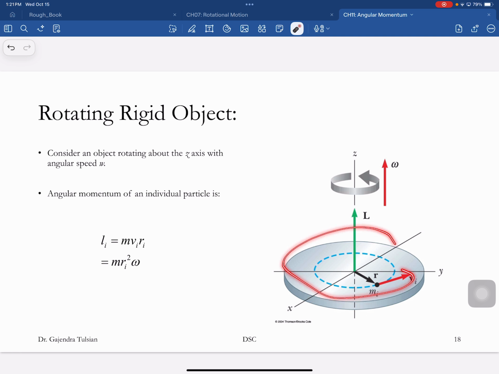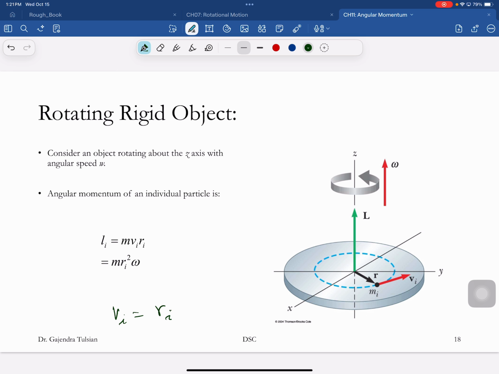So for a rigid object, the angular momentum of this piece is m_i v_i r_i. That's the angular momentum of this piece. v_i is r_i omega. So if you substitute that, you get m_i r_i squared omega. And then if you want to get the angular momentum of the whole thing, just add them all up.